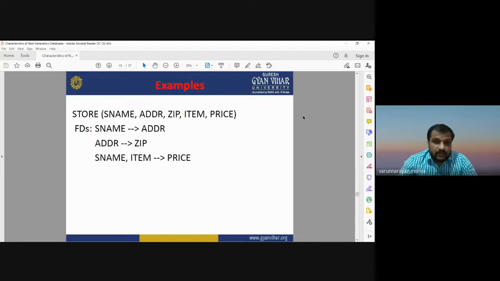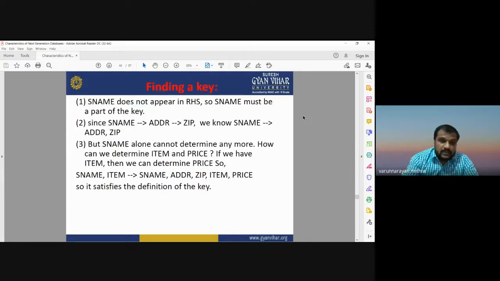This is an example showing how we can use a relational table for finding the key CK in case of functional dependencies. So, finding a key: S name does not appear in the right hand side, so S name must be a part of the key.